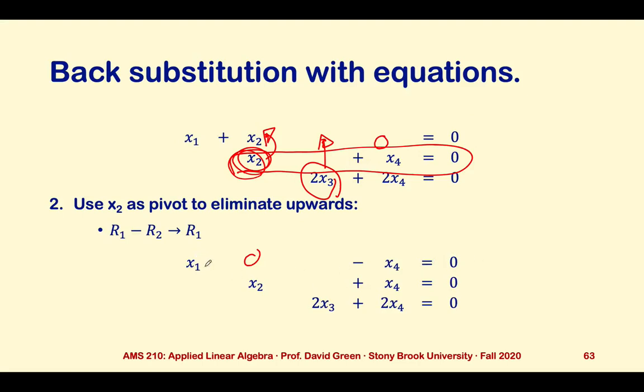We now have successfully isolated not only our third variable, we've also isolated our second variable and our first. These variables, the pivots, exist only in one equation.